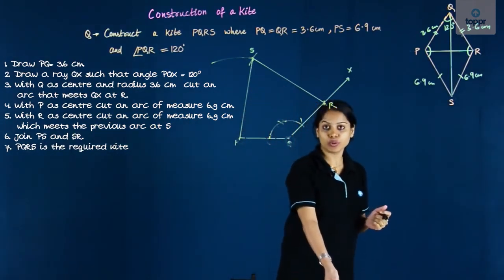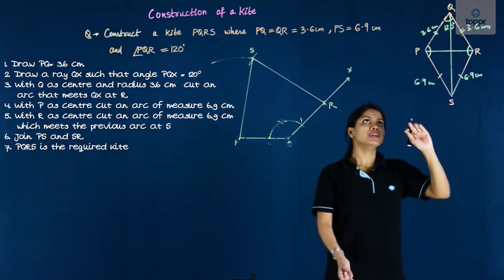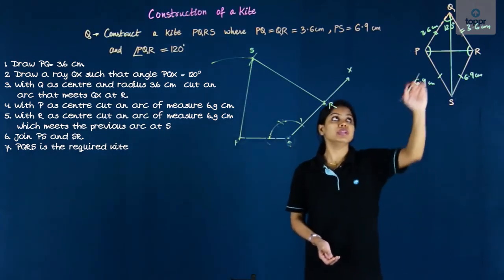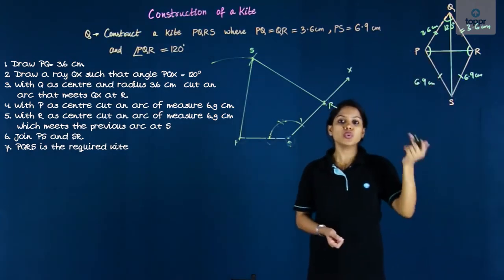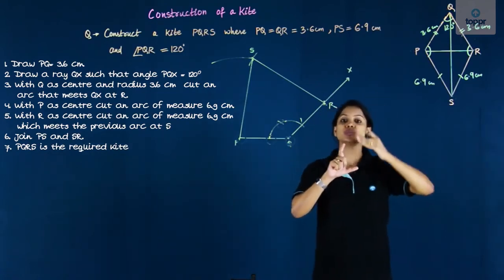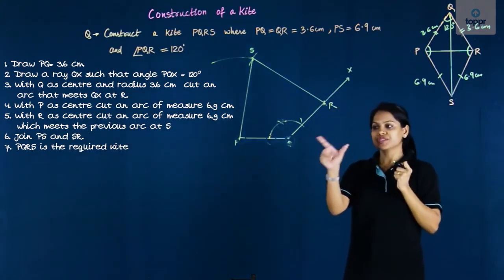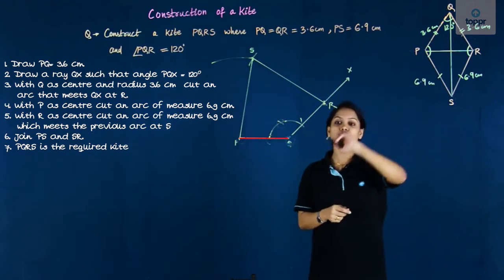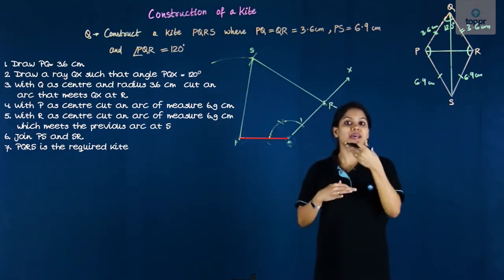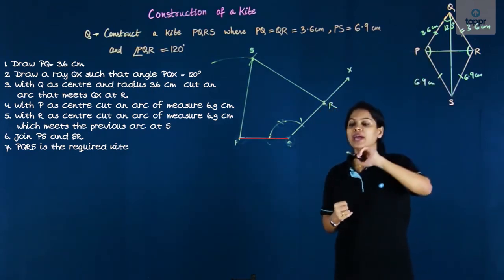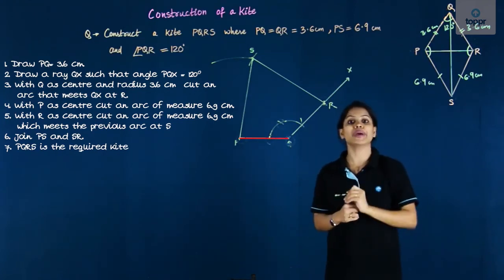Let's have a quick look at what we did. For this kite, we knew all the four sides and we knew one of the angles. So we started with the side that was adjacent to the angle known. So we started with PQ. PQ was drawn as 3.6 centimeters and then we drew 120 degrees at Q in the form of the ray QX.